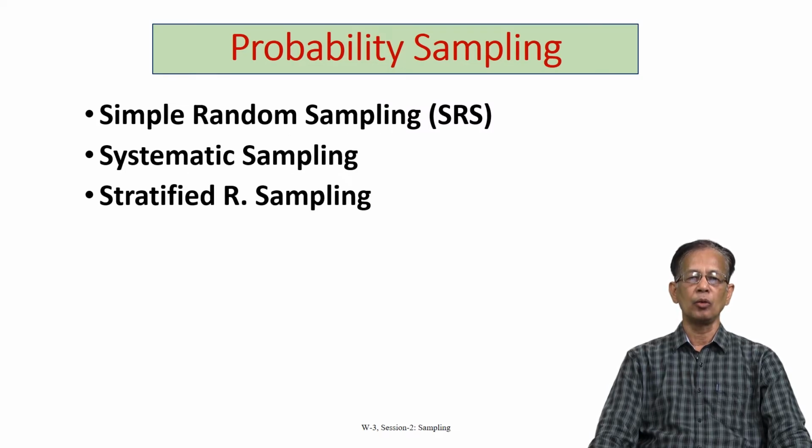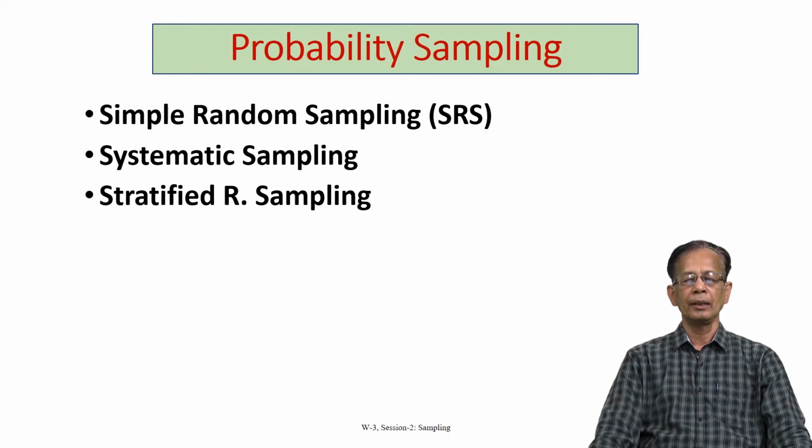In those cases, you have to first classify, divide or stratify the entire population into different strata. Please remember, strata is plural, stratum is singular. So, you get many strata, and from each stratum we have to select randomly a few units so that we give representation to each stratum.